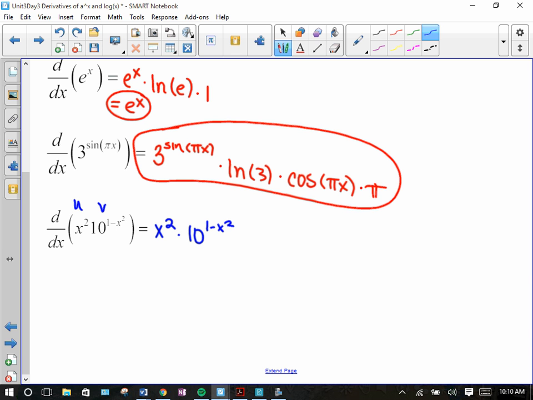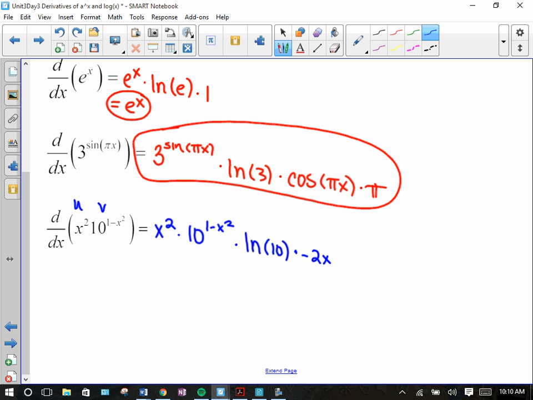Then I multiply by the natural log of the base, natural log of 10. Then I multiply by the derivative of the exponent. What is the derivative of 1 minus x squared? I get negative 2x, and then multiply by negative 2x.